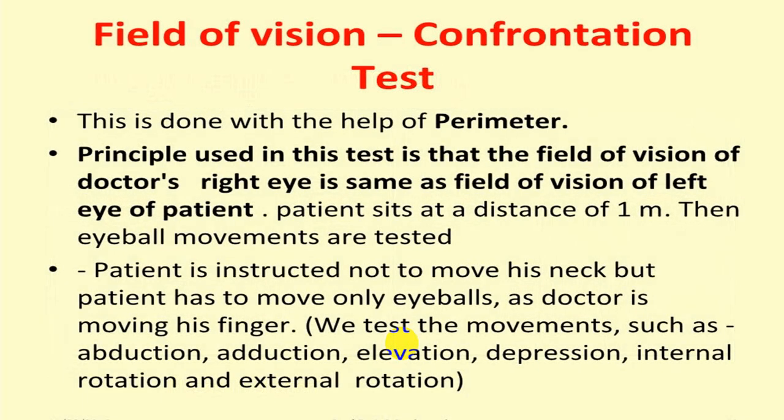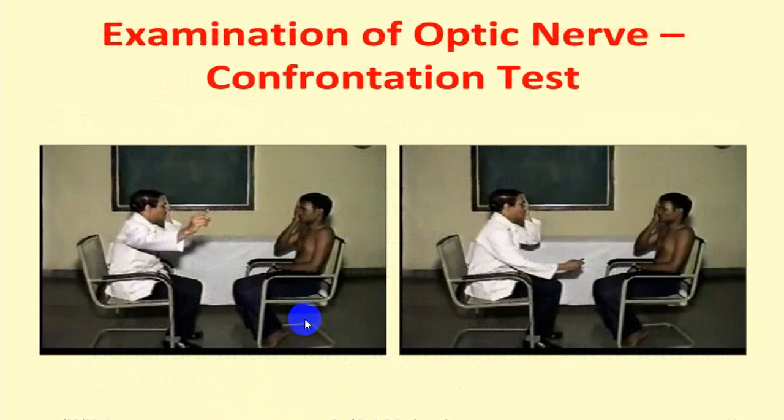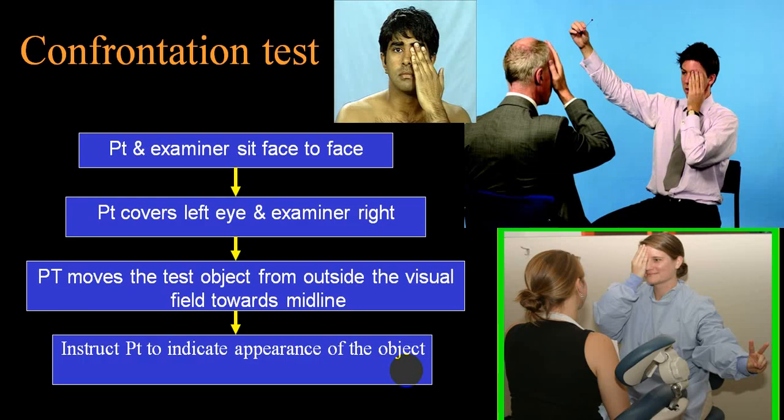So field of vision by confrontation method or by perimetry. So this is the confrontation method. You have to sit away from the patient at the same level, and then you ask the person, by doing a confrontation method, whether he can identify the moving object. We'll be demonstrating that separately when we have the lecture presentation.